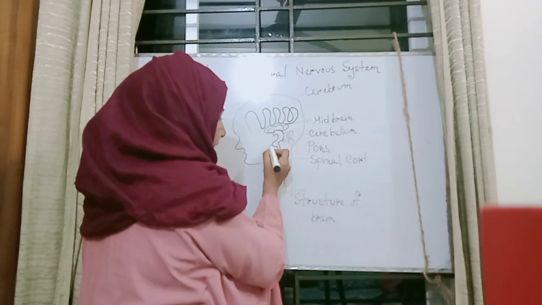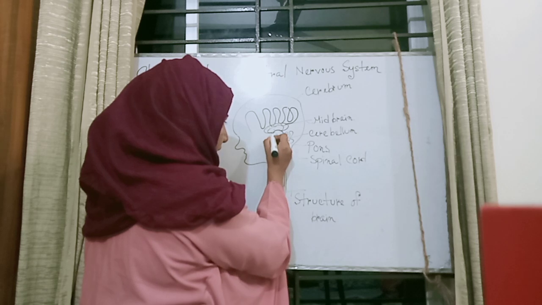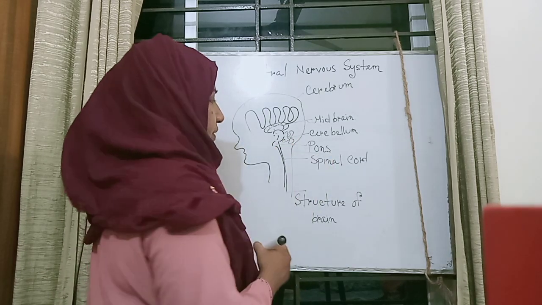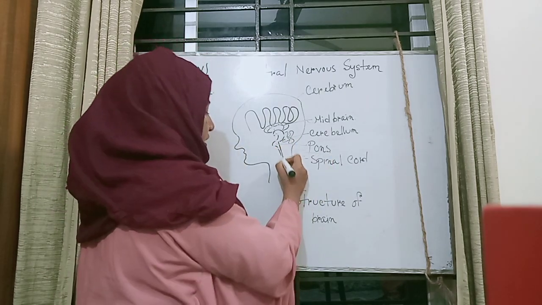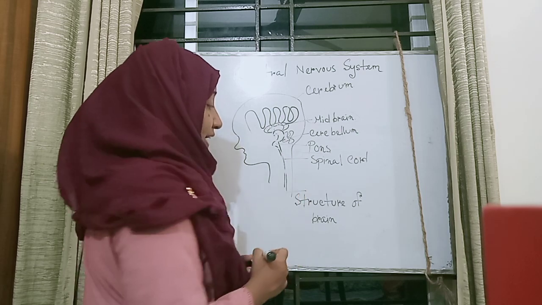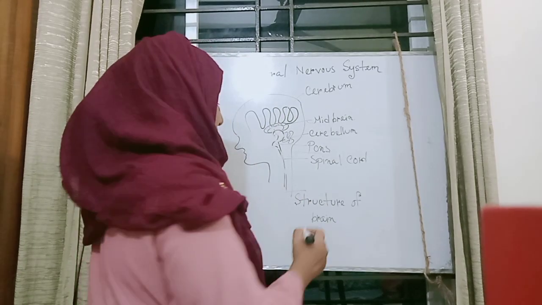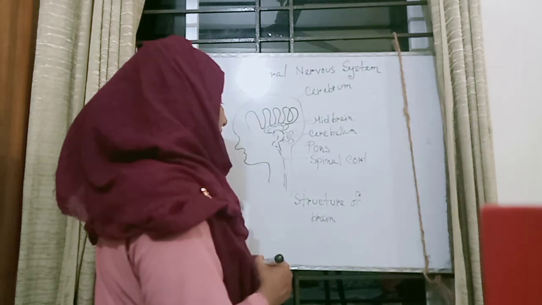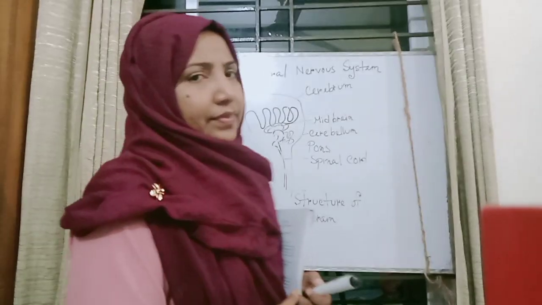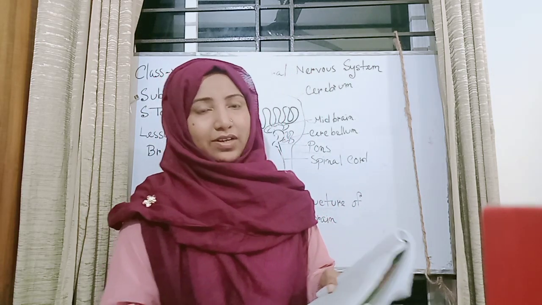This structure is the pons, and the long shaped structure is the spinal cord. We have drawn the structure of the brain. Today I have selected the brain, a very important topic for your exam.